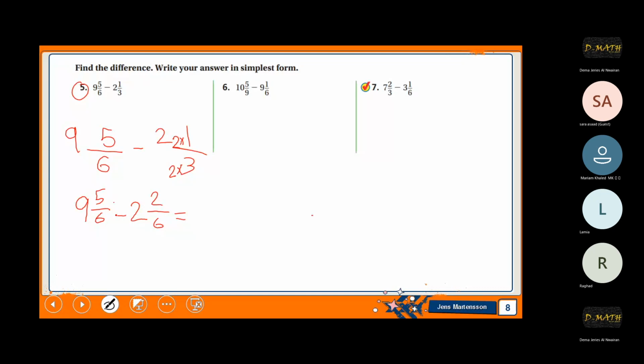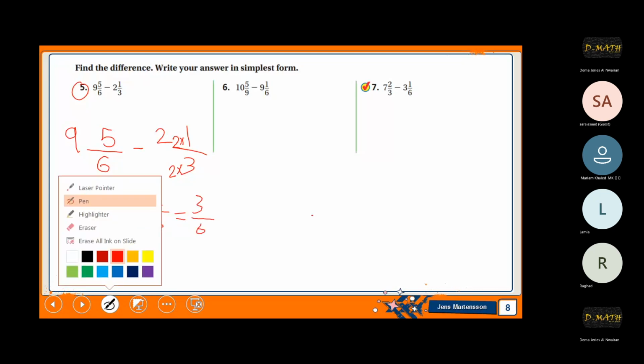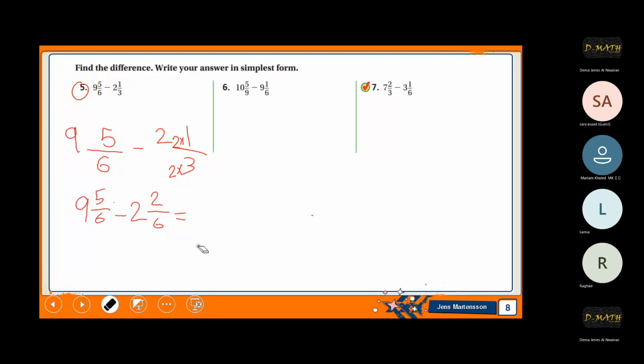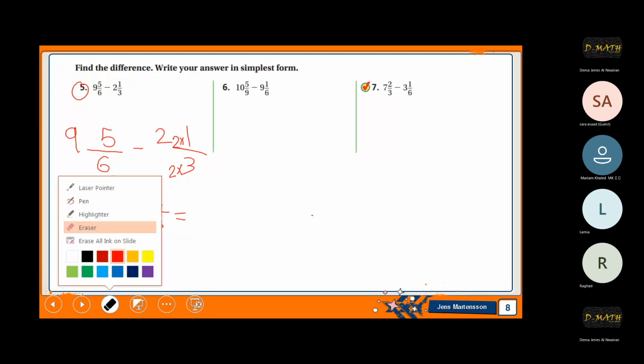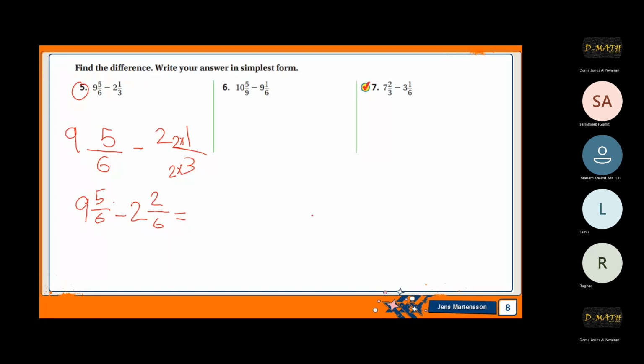When you have to subtract the same steps, first of all, you have to subtract the fractions. 5 minus 2. Yeah. 5 minus 2, 3 over 6. Bravo. And then she will subtract the whole number. 9 minus 2 is 7.